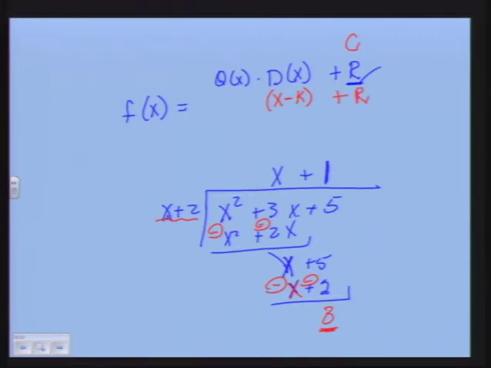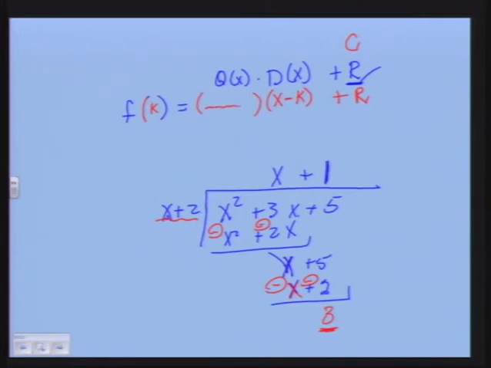So if I'm now finding the f of k, then I'll have a k here. And I've got some quotient right here with a k in it.